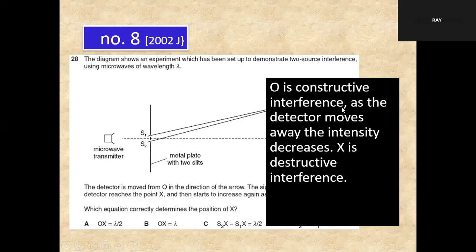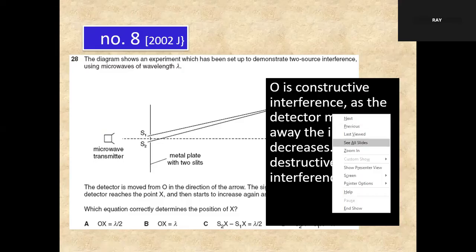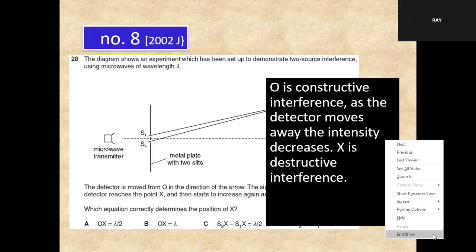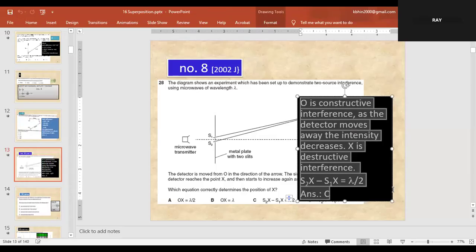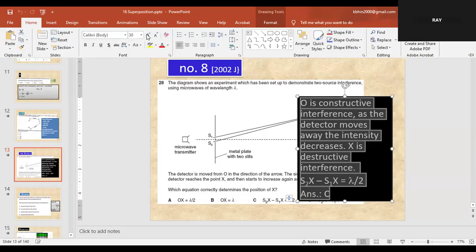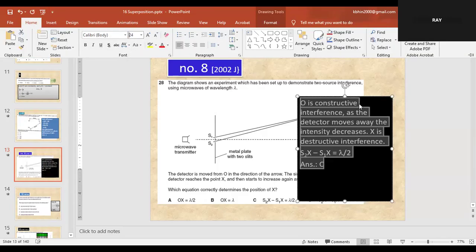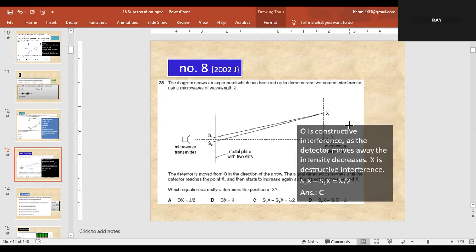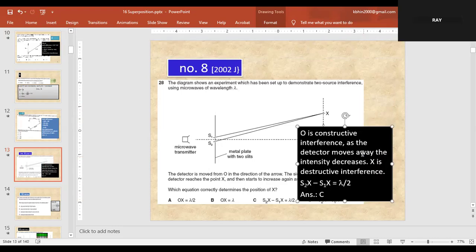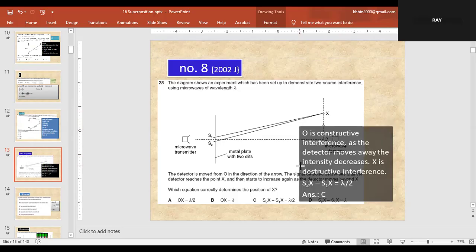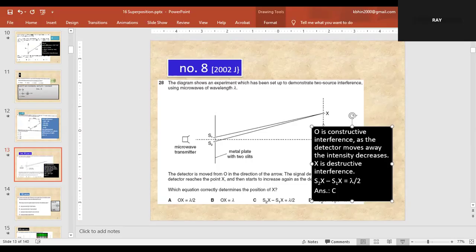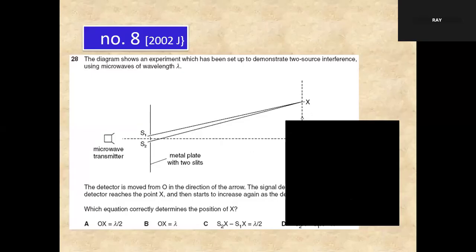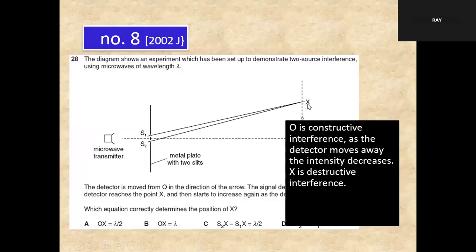So what's your answer? Then this is the first destructive interference.